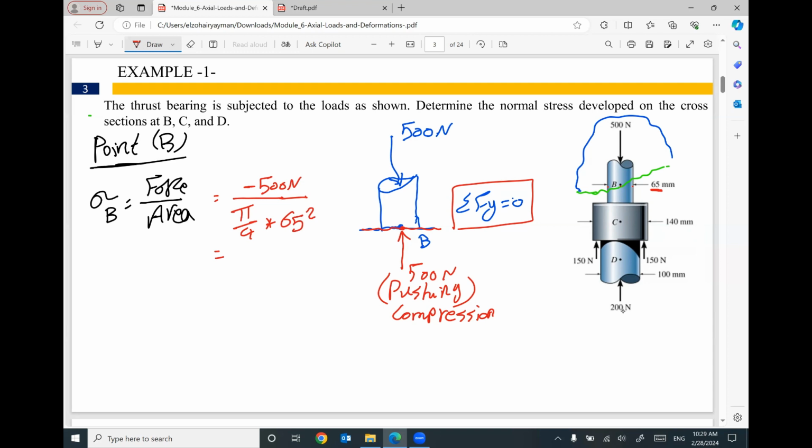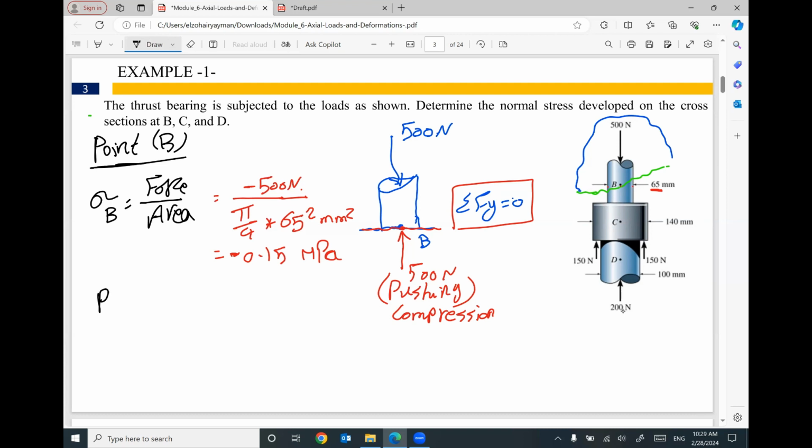If you divide the two numbers, 500 divided by pi divided by 4 times 65 squared, the stress will be negative 0.15 megapascal. Newton per millimeter squared is called megapascal. Negative because it's a compressive stress. That makes sense?